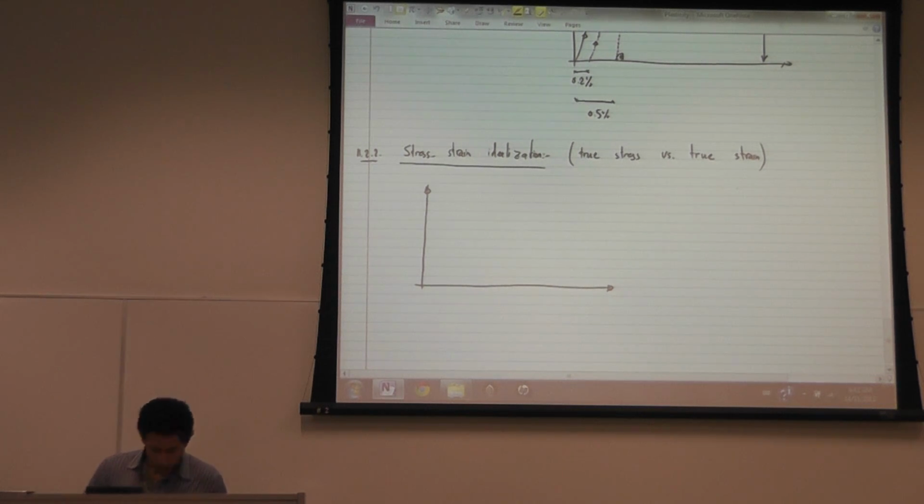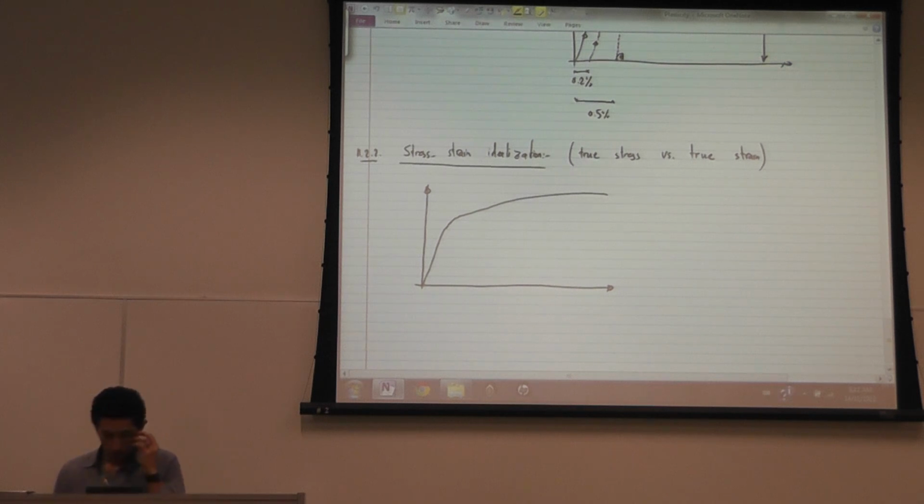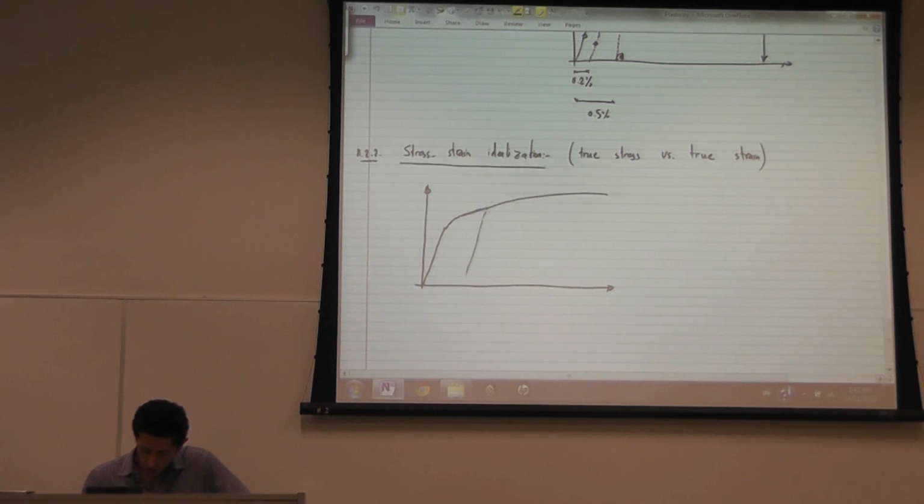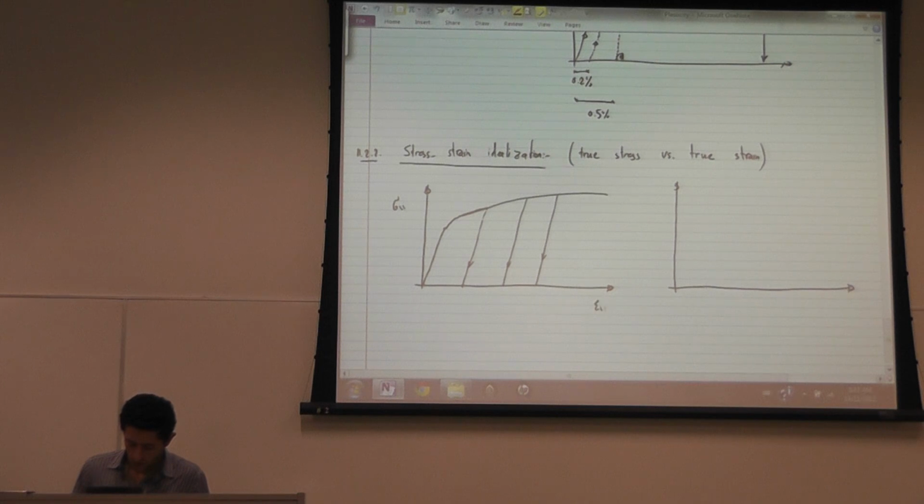This is the behavior. As you load and unload, you follow this curve. And there are different idealizations. One idealization, which applies mostly to mild steel, is elastic, perfectly plastic.